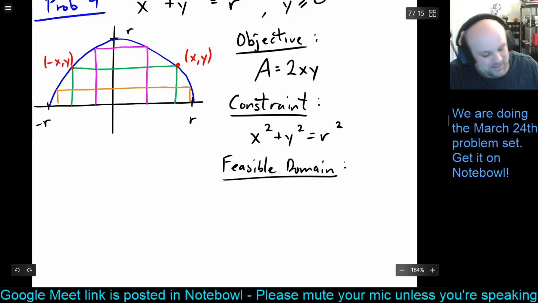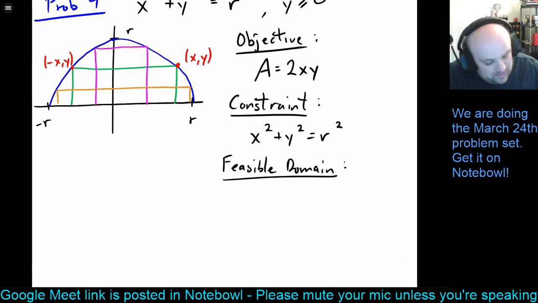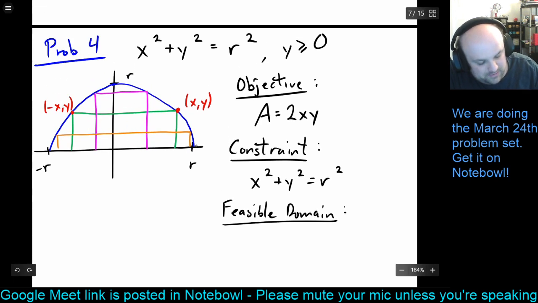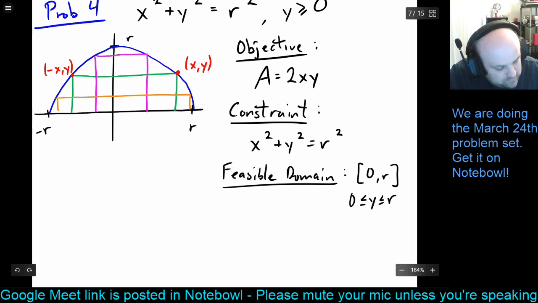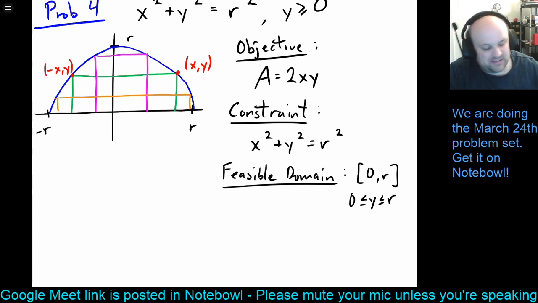The feasible domain here: y starts at 0, and it can only go as high as r. So 0 to r for y. It depends on what variable we're solving for here.